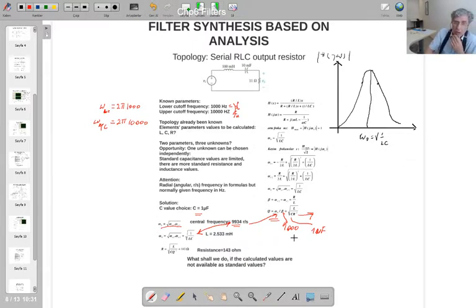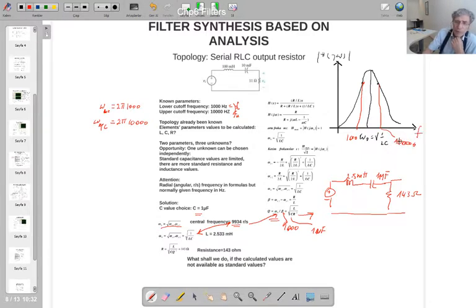So if I choose an inductor of 2.5 millihenry, a capacitor of 1 microfarad and a resistor of 143 ohm, then we are saying that for this filter, if you take the output from the resistor, the lower cutoff frequency is going to be 1000 and the higher cutoff frequency is going to be 10,000 hertz.